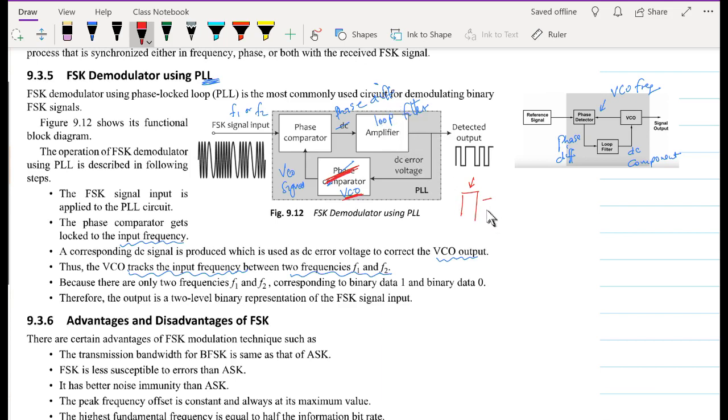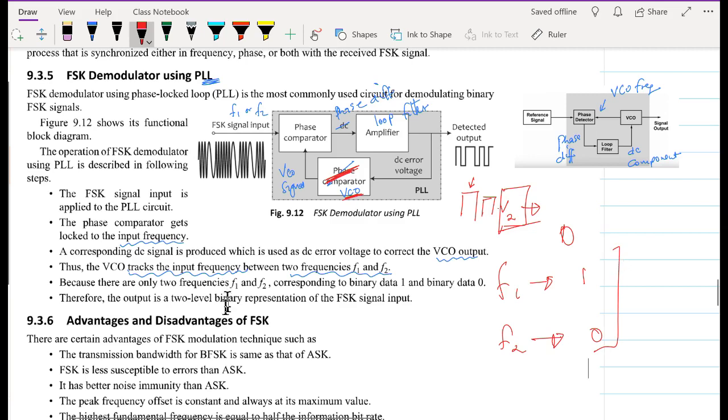That voltage difference can be considered equivalent to V2, and when V2 is taken to the decision-making device, it will classify V2 as a 0. And therefore, we are going to have a sequence of zeros and ones. When we have F1, we represent that as 1. When we have F2 or F0, we represent that as 0. And therefore, we end up receiving our originally transmitted binary sequence.